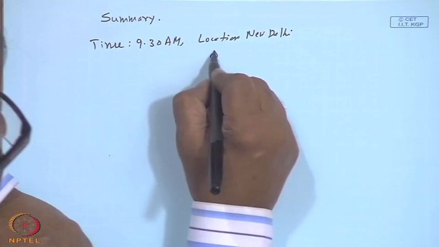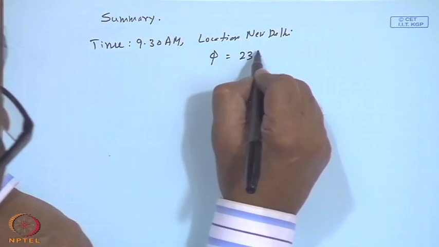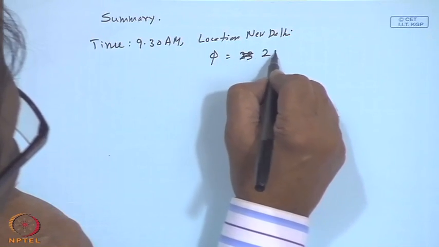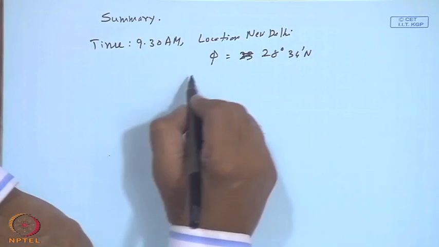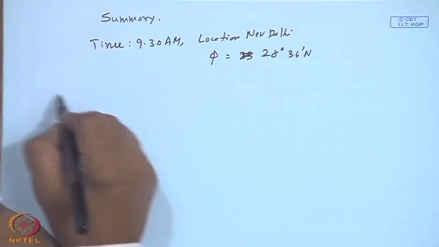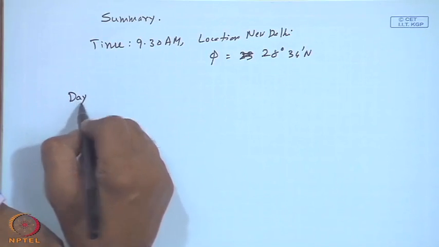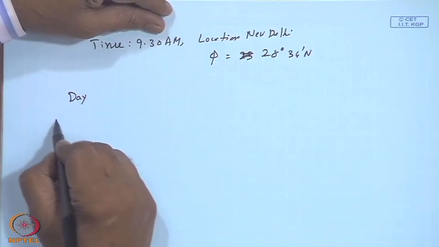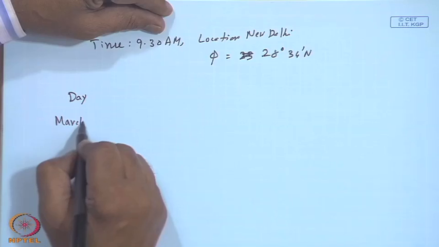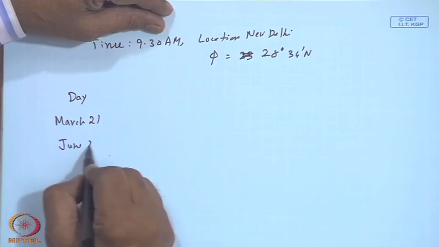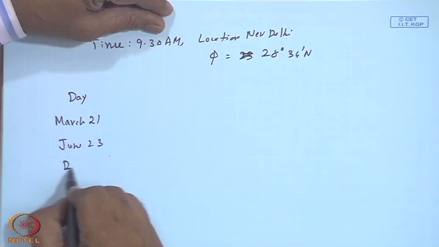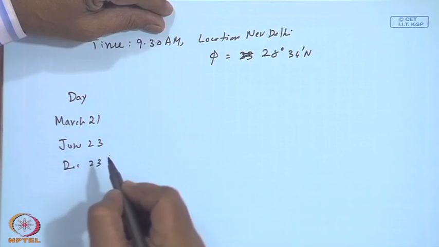So, latitude is 28 degrees 34 minutes north, and the days we are considering are March 21, then June 23 and December 23.